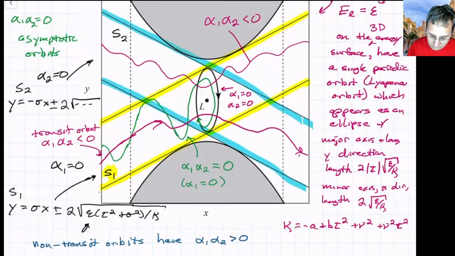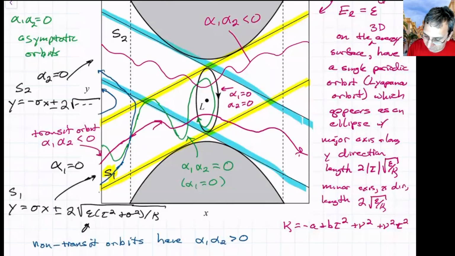So for example, we could have something that comes up here and then it just sort of leaves. And if you were to go backwards in time, this would be something that approached one side of this neck region and then left through the same side. Or you could just come through here and go back.